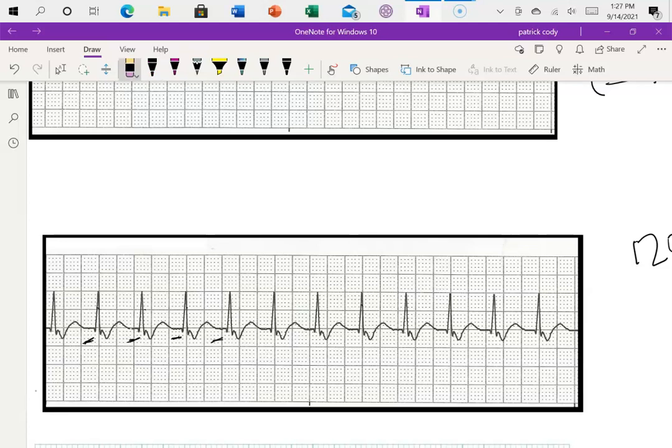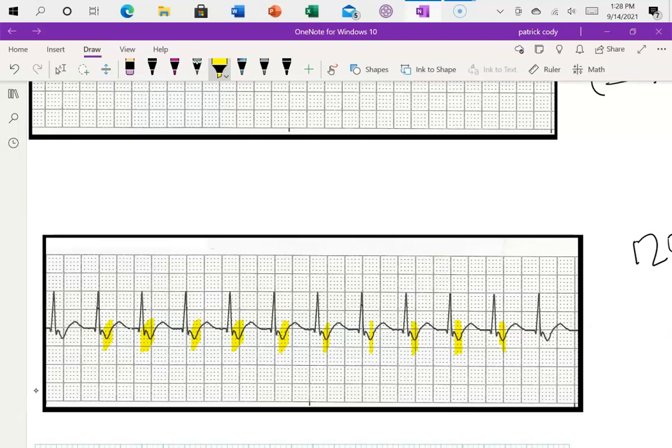But this is one of those examples I warned you about where the P wave comes retrograde, so it comes behind the QRS complex. So what we actually have here is P wave, P wave, P wave, P wave, P wave, and it comes right before the T wave, as I tried to show you in my beautiful drawing earlier. So this is a retrograde P wave. So in this situation, we actually have a P wave after QRS.